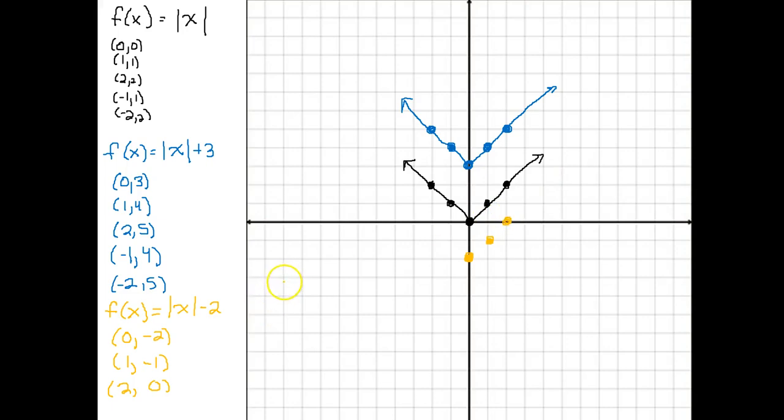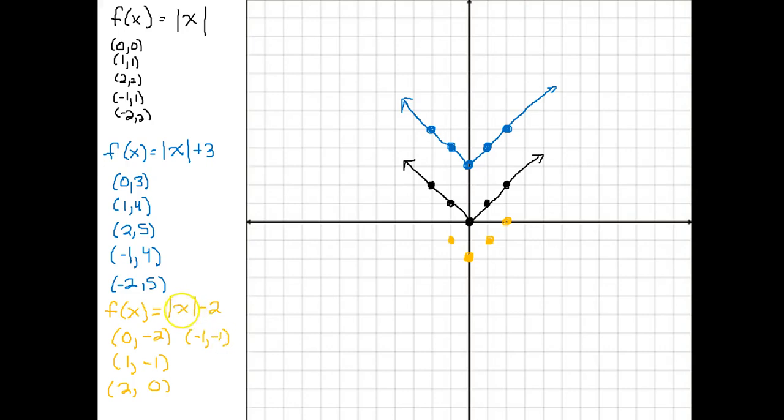Notice all these points so far are shifting down too. 1, 1 shifted down 2, 1, 2. It's going to end up right here at 1, negative 1. I lost my pointer for a second here. Where is it? There it is.